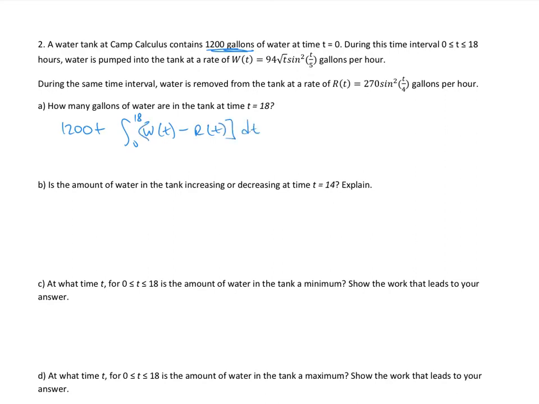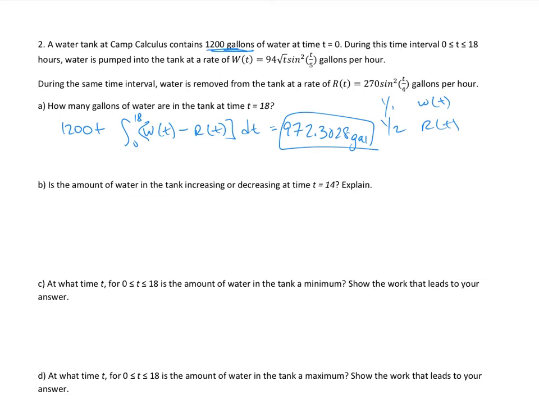And once we integrate that, again, put this in your calculators. You could do y1, put the W of t equation, y2 put the R of t equation. Much easier in your calculator because we're going to do more work with this. And you'll get 972.3028 gallons.